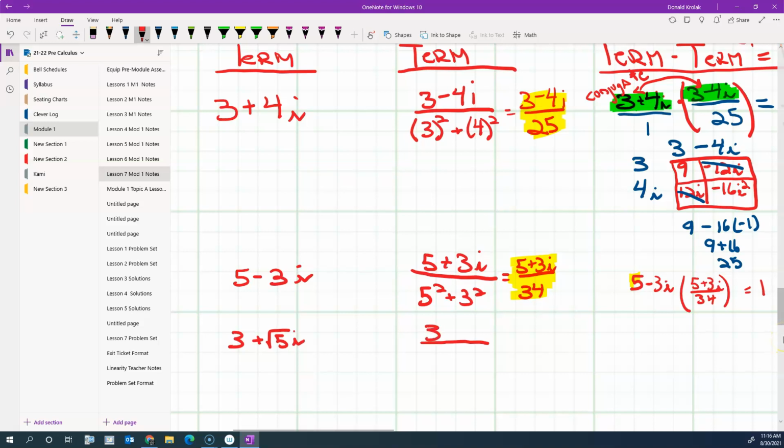Okay, go ahead. 3. Yeah. And now down here, you're going to have 3 squared plus root 5 squared. So I end up with 3 minus root 5 i over 9 plus 5, 14. And there's your inverse. If you multiplied those two, they would equal 1.